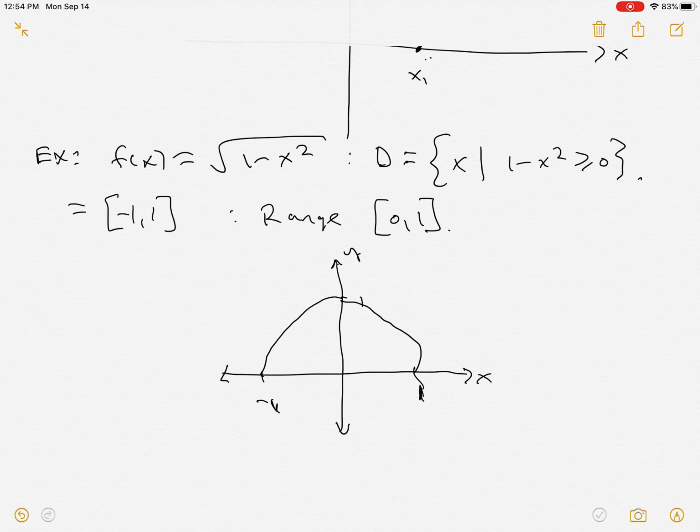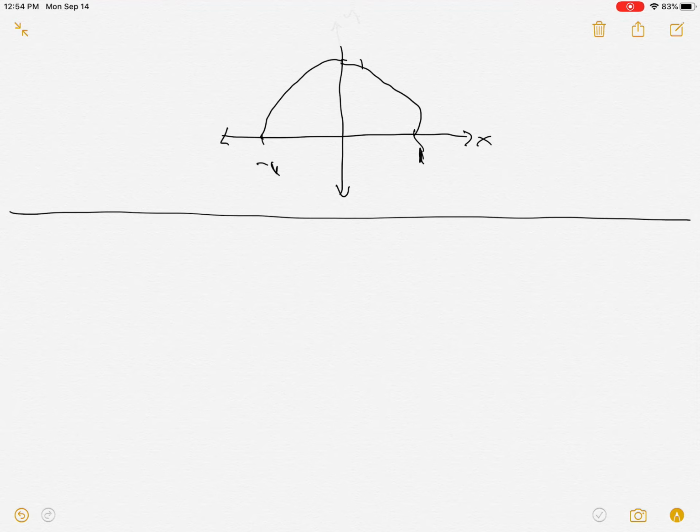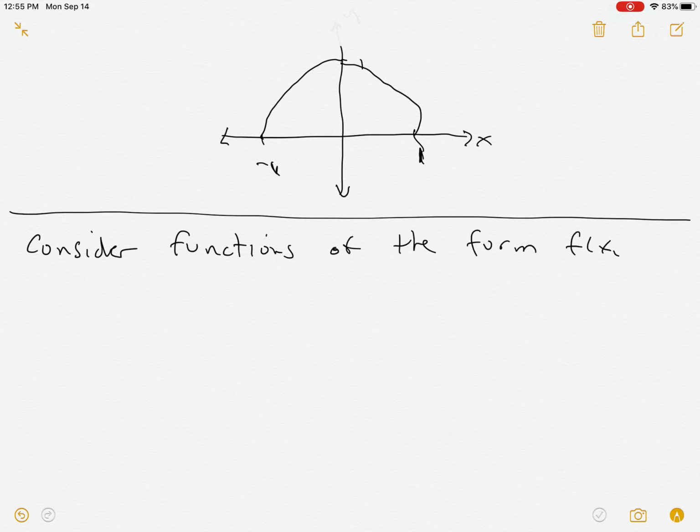All right. Now let's go to Calc 3. So we want to consider functions of the form f of x y, where the ordered pairs x y are the inputs. So we have two independent variables. Okay?